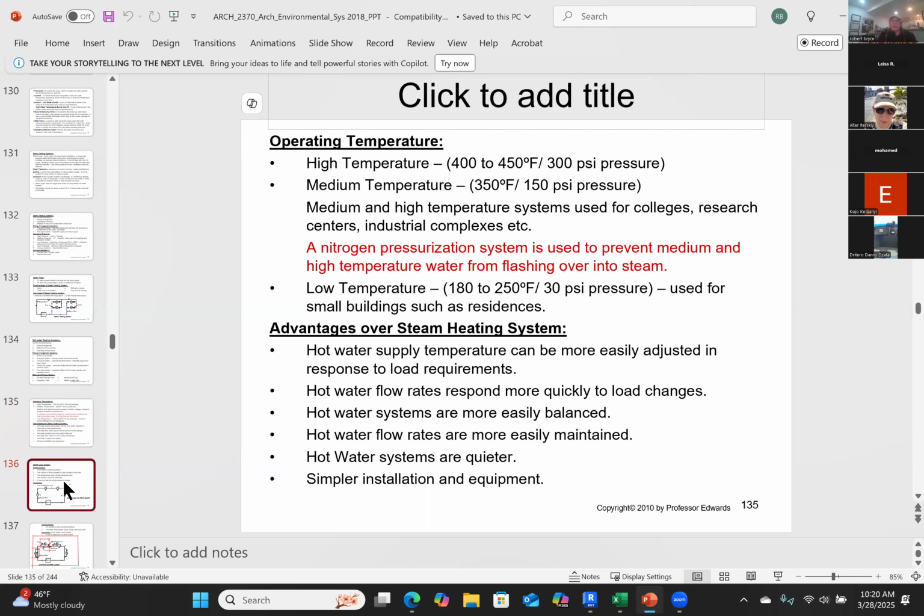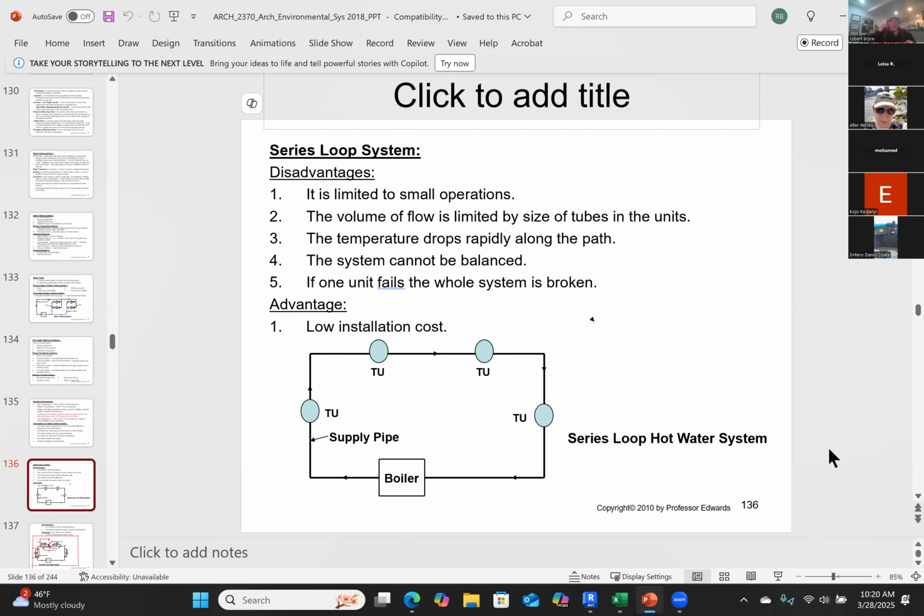Now, this is the series loop. Imagine that each one of these terminal units is in a room in your facility, in your project, which is the house. We have a boiler. We're going to have a supply pipe that goes right through the terminal unit. Now, if it does that, then the temperature of that water is going to be extracted to heat the space that it's in.